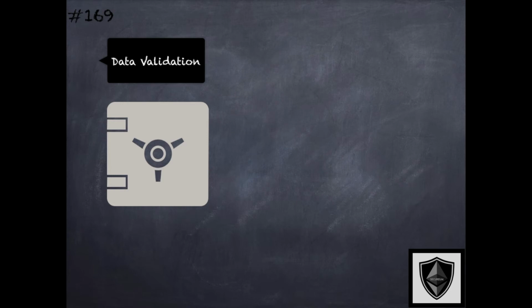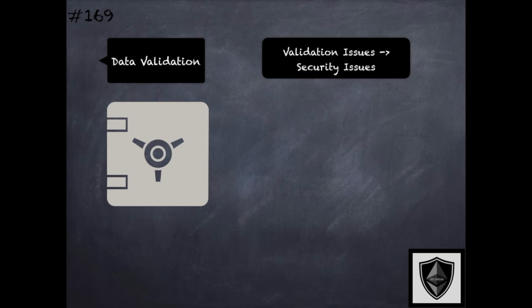A specific aspect of data processing that we just discussed is data validation, where contract functions check if the data received from external users or other contracts is valid based on aspects of variable types, low or high thresholds, or any other application logic specific context.